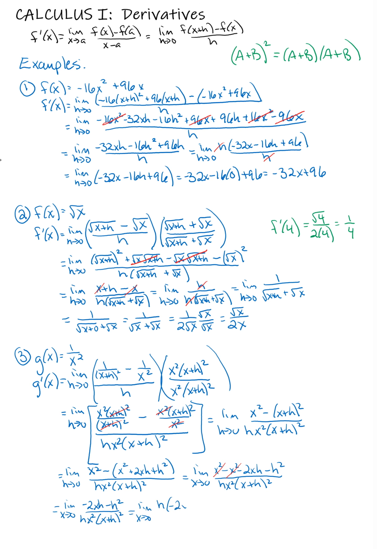You could factor out the negative if you'd like as well. I just need that h out there though. So now I can reduce this one h here. That's nice. That's exactly what I want. Again, it was that one h in the denominator that was causing problems, that was multiplying everything, making it 0.